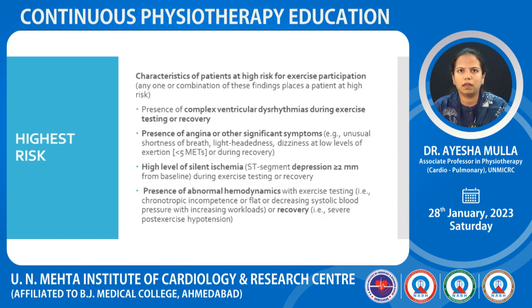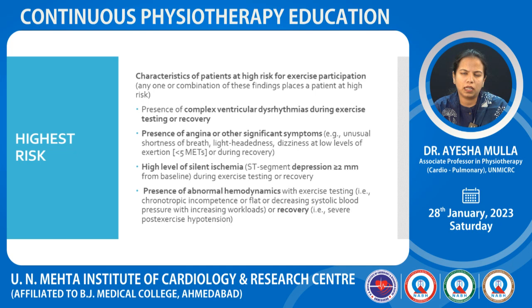Now the high risk category says that there is presence of ventricular dysrhythmia during exercise testing or recovery, presence of angina and other significant symptoms at a level of less than 5 METs and during recovery, a high level of silent ischemia, that is ST segment depression more than or equal to 2 mm from the baseline during testing or recovery, and presence of abnormal hemodynamics with exercise testing or recovery.